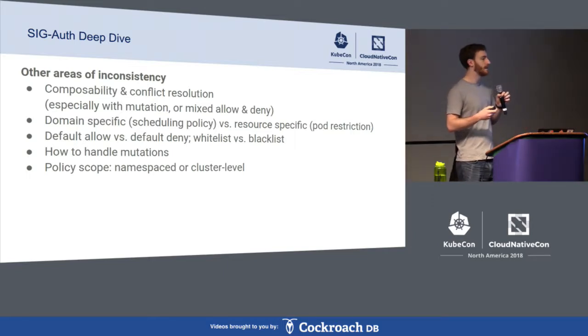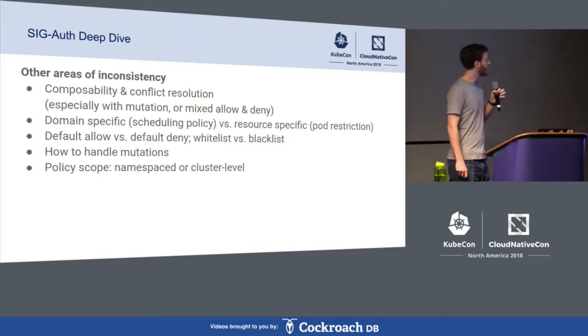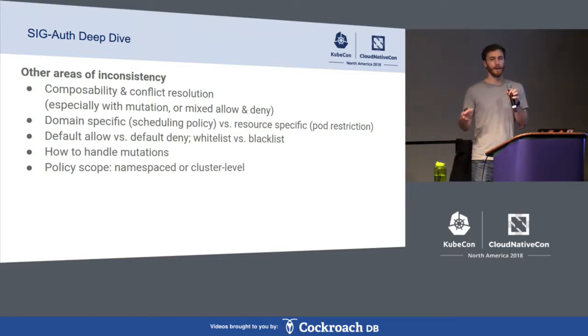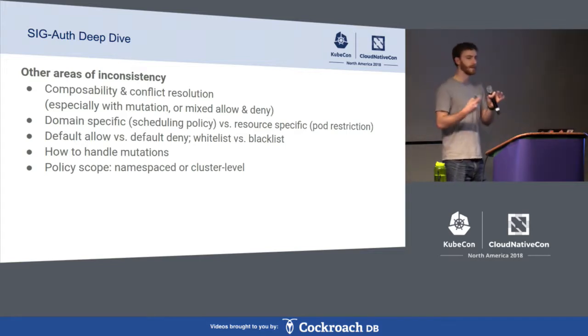So I don't necessarily need to have a policy for everything in the cluster initially. On the other hand, default deny is more of a fail closed approach and a little safer from that perspective.